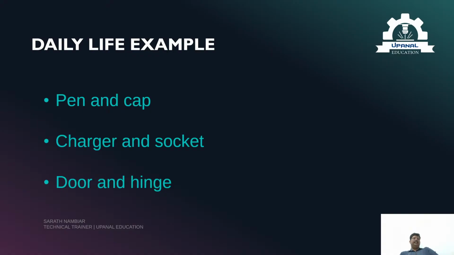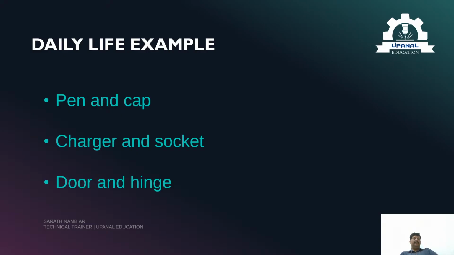Before we go into engineering, let's look at some simple daily life examples. Think about it. A pen and its cap, your mobile charger and the wall socket, the mobile charger and your mobile charging port, a door and its hinge, a nut and the bolt. All these are examples of two parts coming together, or two parts mating together.